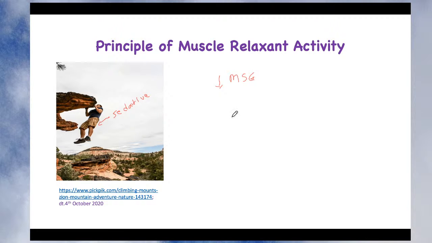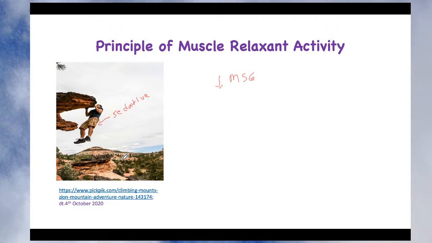On the same principle, we use the instrument called Rotarod apparatus to evaluate the muscle relaxant activity of a drug. The moment the person falls, what does this indicate? This indicates that the sedative and hypnotic drugs have produced muscle relaxation, and since it produces muscle relaxation, the muscle grip strength, that is MSG, is reduced, and since MSG is reduced, that person is not able to hold the tip of the hill for more time.